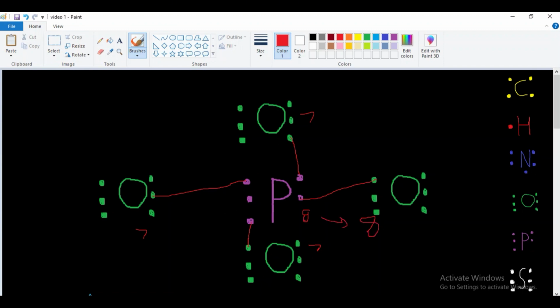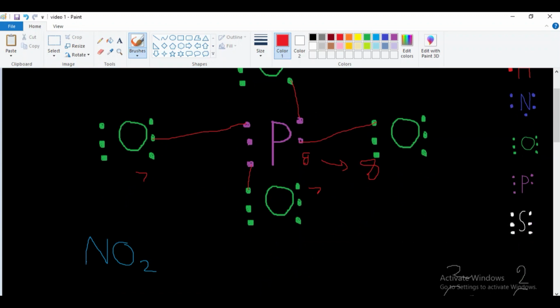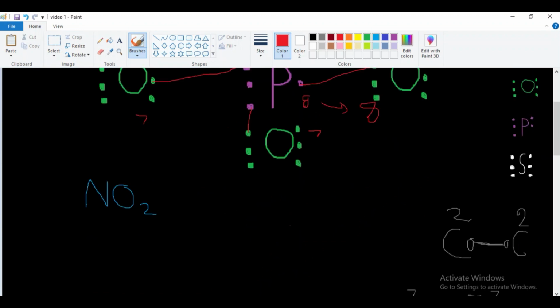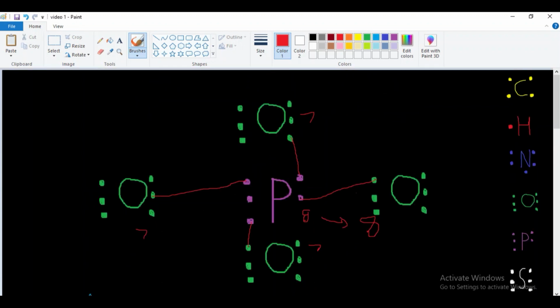Okay, I've donated this. Now I have 3 atoms here. So I can write, no sharing is needed. Okay, PO4, 3 minus charge.